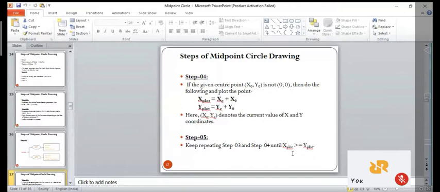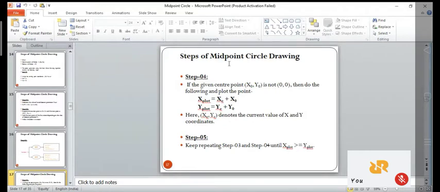That means once the x value becomes greater than or equal to y, that is when you stop. The x value should not be less than y; till then you are going to compute it.